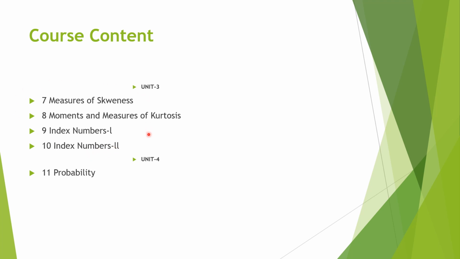So under unit 3 we will study these 4 chapters and last unit number 4. In this we have only one chapter which is the probability. So the entire syllabus is divided into 4 parts or 4 units.